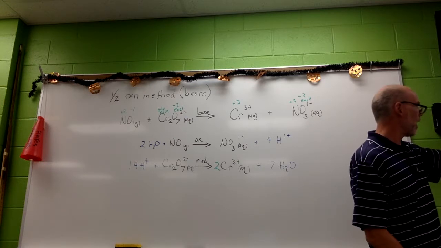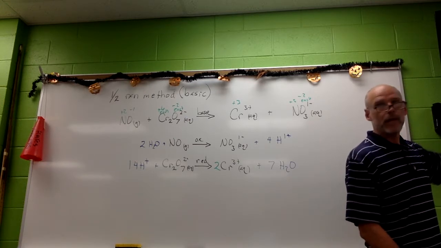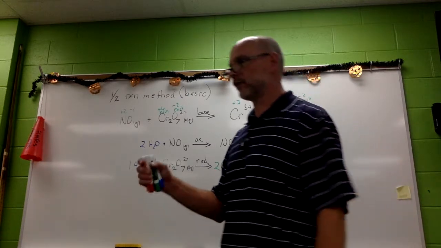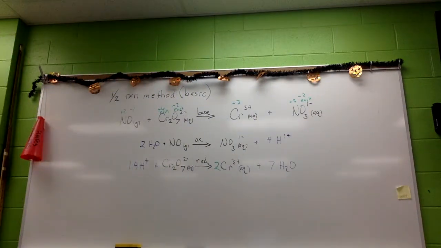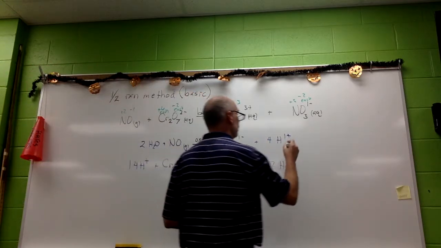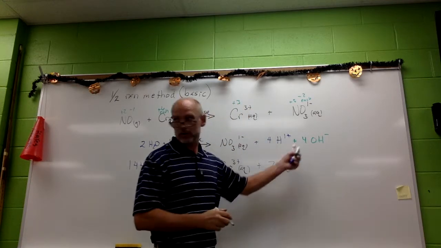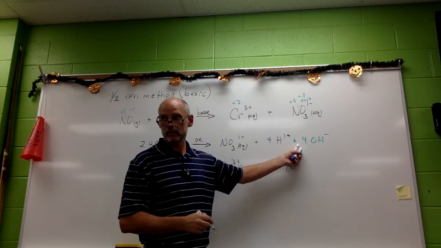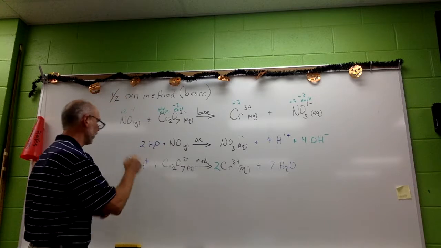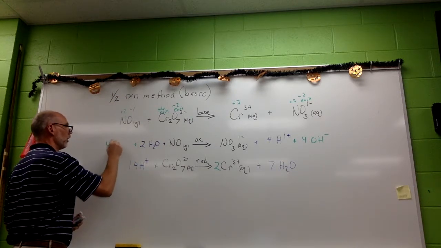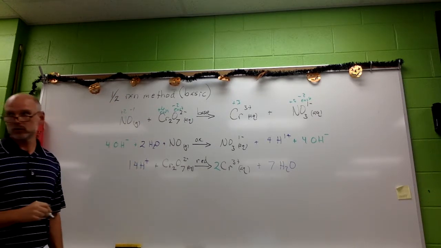But now to neutralize the hydrogen ion, we have to add the appropriate amount of hydroxide ion, and just like in algebra, whatever you add to one side of the equation, you have to add to the other side of the equation. So what we're going to do is add 4 hydroxides to this equation to neutralize that hydrogen, but we also have to add 4 hydroxides here. Would you guys agree?